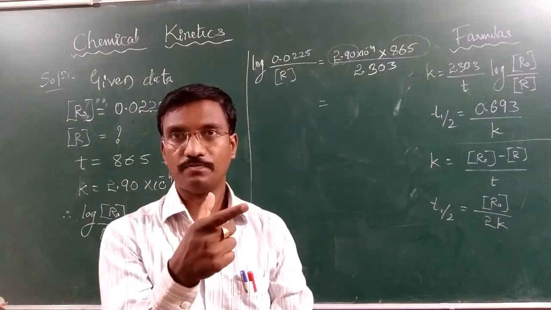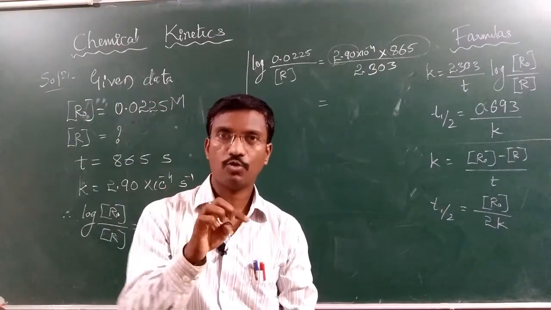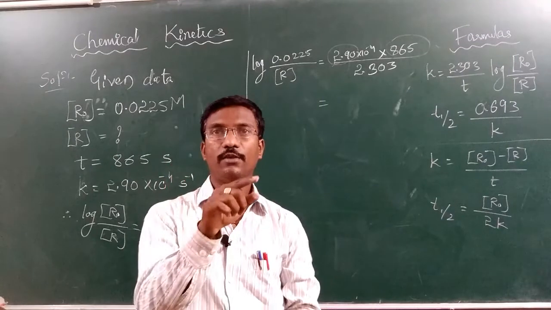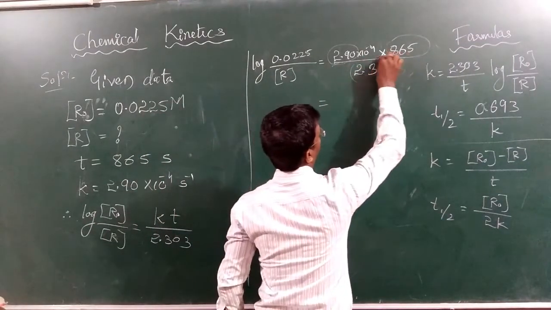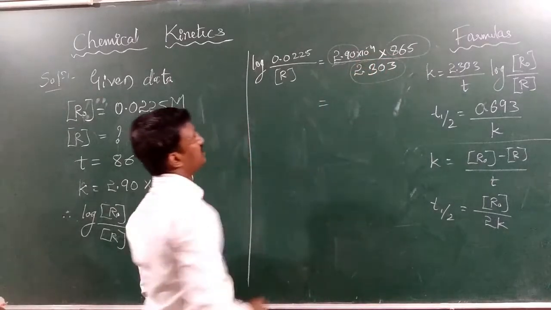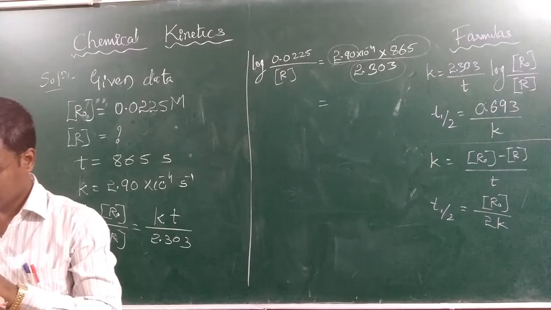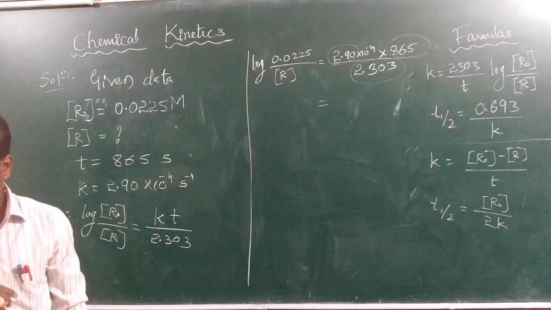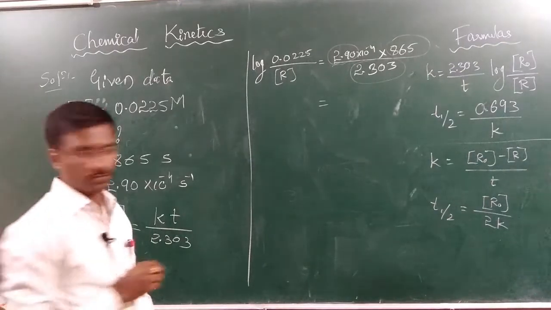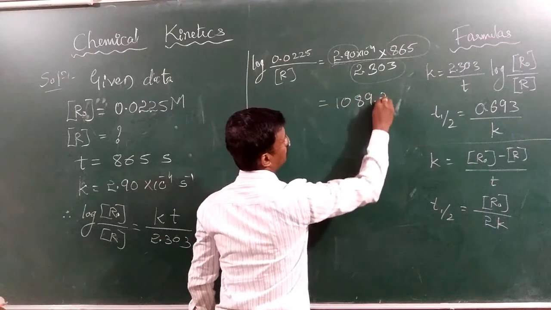After putting is equal to, to that value you just put divided by 2.303 and then put is equal to. You are going to get the value. That value is 1089.2.